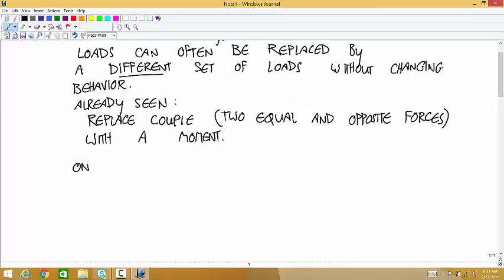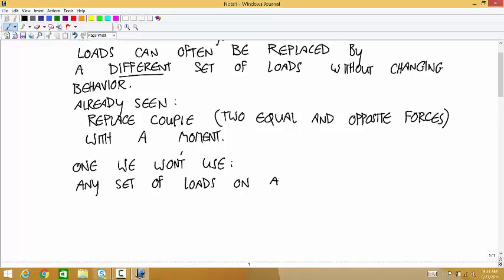One we won't use is that you can always replace any set of loads on a body with a force vector at a chosen location. So you choose the location.